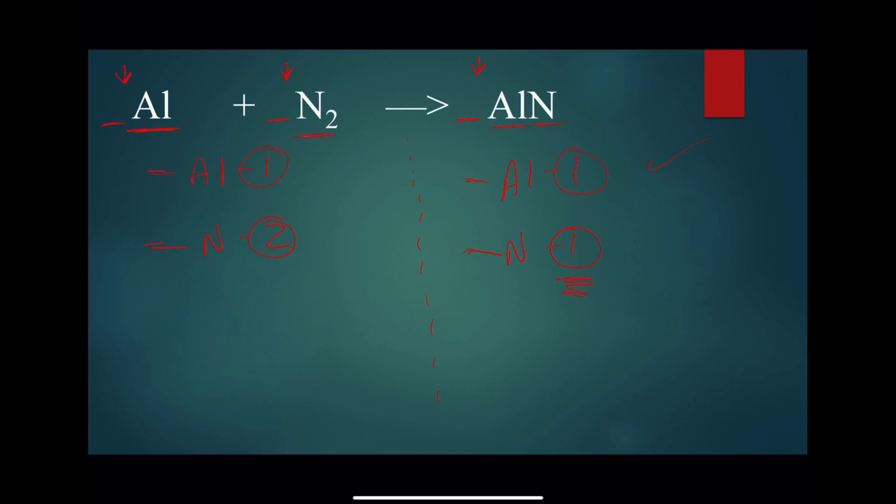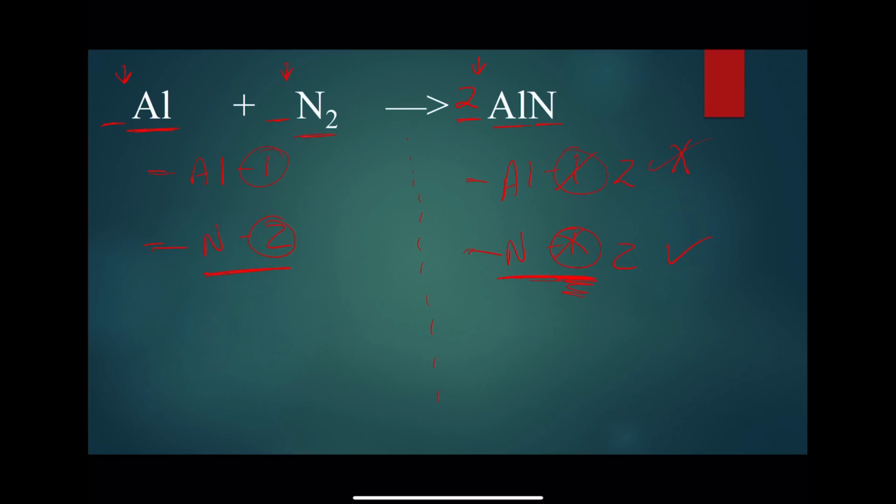So to make these nitrogens, I have 2 on the left and 1 on the right. I need to add a 2 right here. Well, when I add the 2 in front of the aluminum nitride, that changes the aluminum to a 2, so it's no longer balanced. The nitrogen is now a 2, so it is happy.